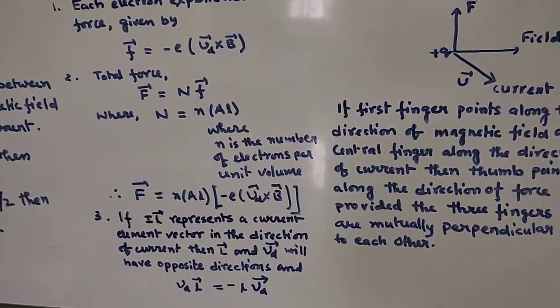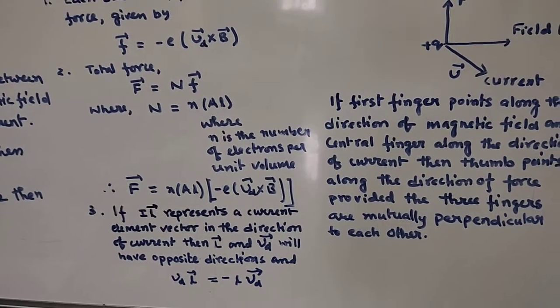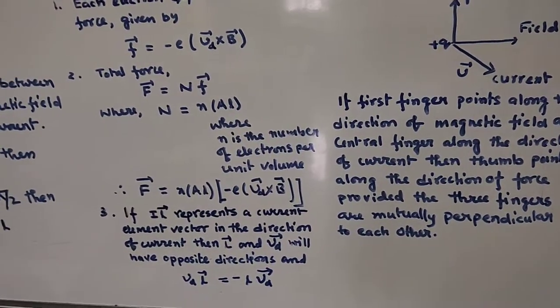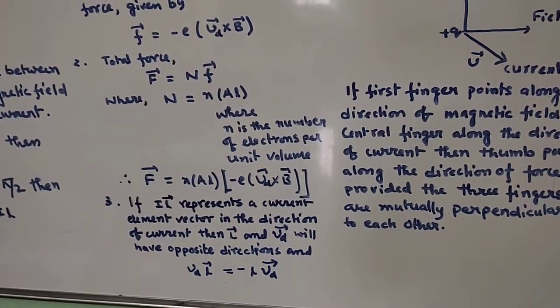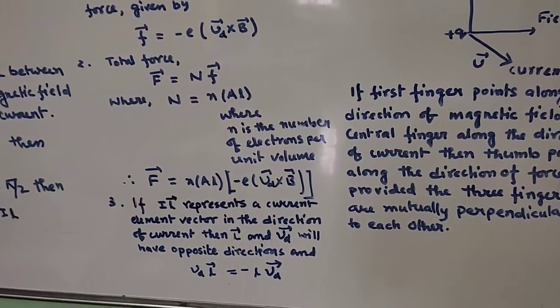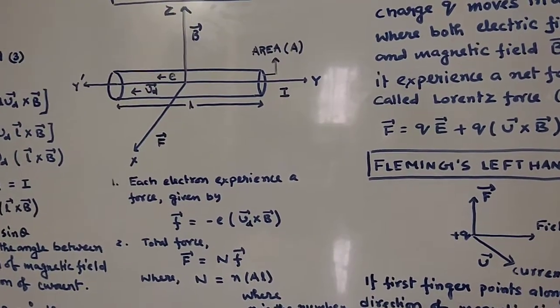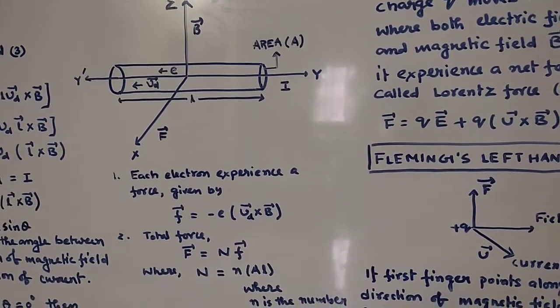This is the point which you have to understand. I L vector is the current element, and for unit current the direction remains the same, so it is the small l vector. Small l vector is the direction of current, and Vd vector is opposite to the direction of current.